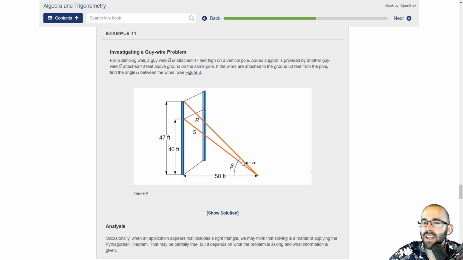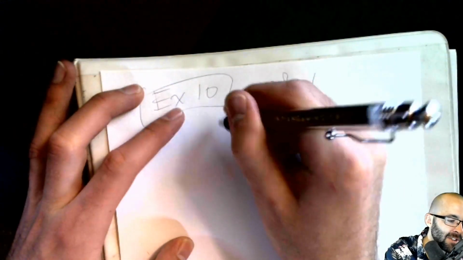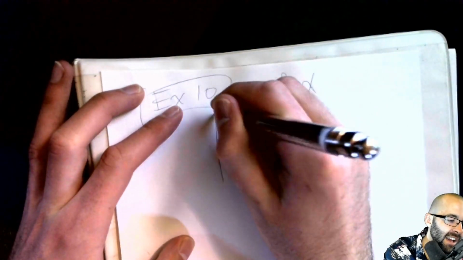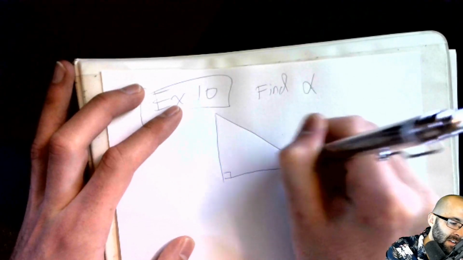So again, we can't just say sine of alpha is 7 over 50, because this triangle, this orange triangle, is not a right triangle. Okay? So we're going to have to use some creativity. So I'm going to draw my picture. It's always a good idea, any application problem ever, to copy your picture down.